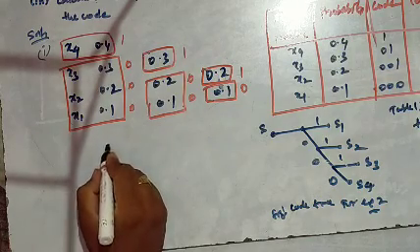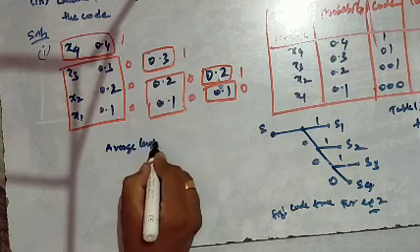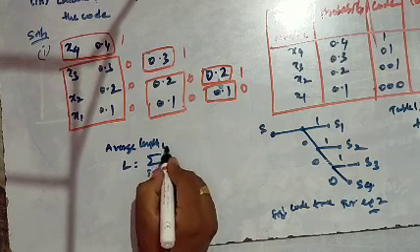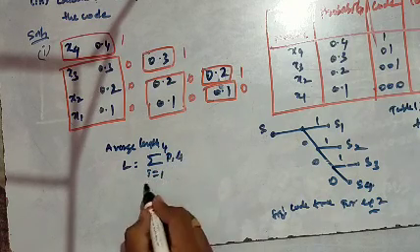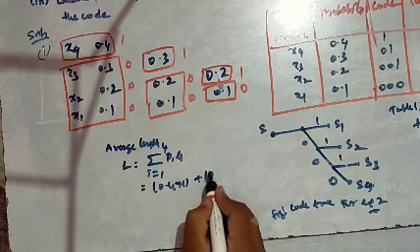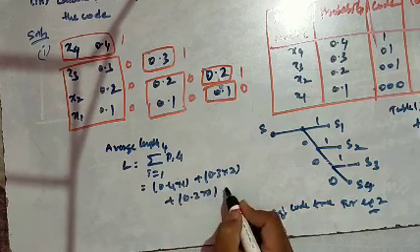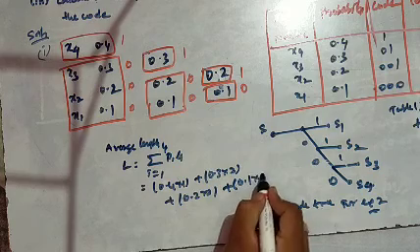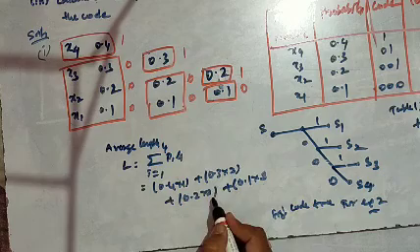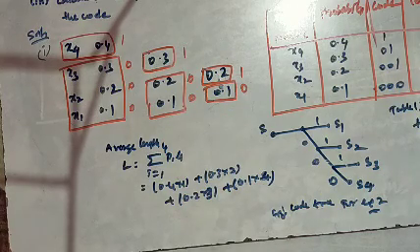First, you have to find the average length: L is equal to the summation, i equal to 1 to 4, of Pi into Li, that is 0.4 into 1 plus 0.3 into 2 plus 0.2 into 3 plus 0.1 into 4.